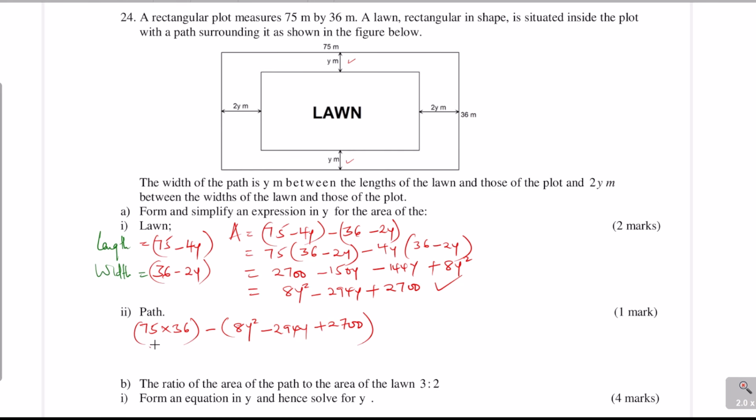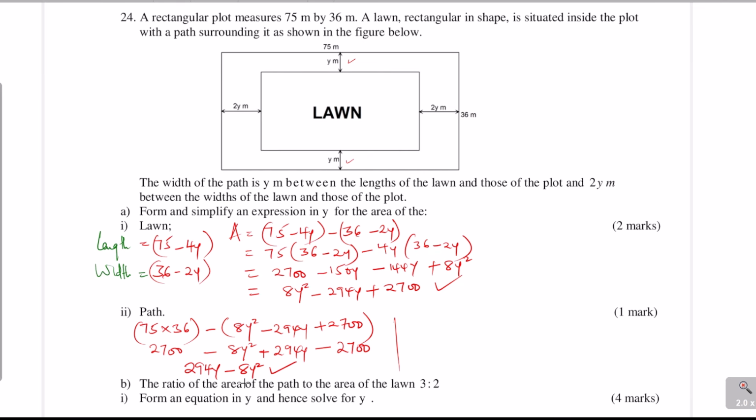So expand this, so this will be 2700 subtract, we have 8y squared. Remember, when you're subtracting, you have to indicate the brackets here, and all these signs will be affected. So these will be positive 294y when you open the brackets, and then this one will be negative 2700. So now once you get that, you can simplify these, and these will simplify to 294y subtract 8y squared. That is the simplified expression, because you can see 2700 minus 2700, that is 0. So that is what you remain with.